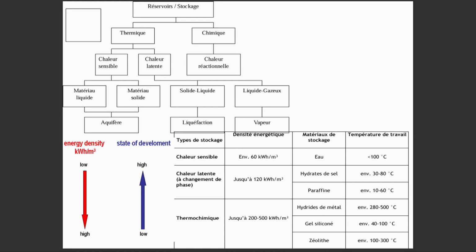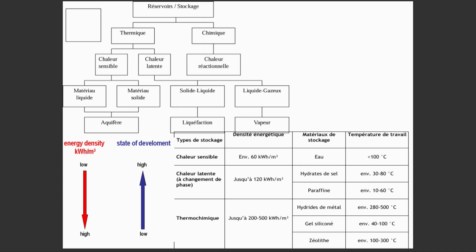To have an idea of density, for sensible heat in water, the density is around 60 kWh per cubic meter. You can double the density with a phase change material.